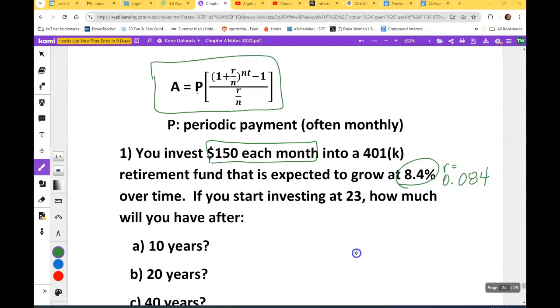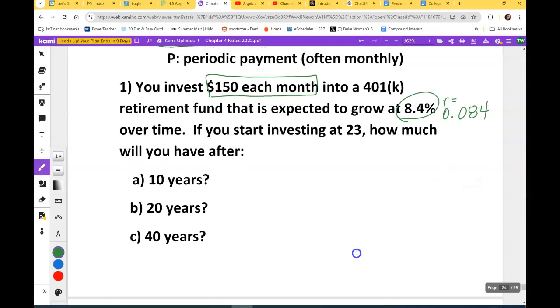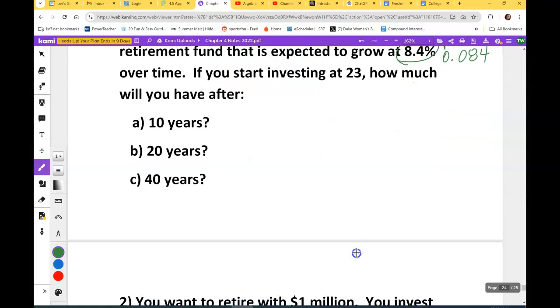And we're going to plug all that information in. So if I start with the 10, I'm going to have A equals 150, and then I'm going to have 1 plus 0.084 divided by 12, all of that to the 12 times 10 minus 1, and then all of that over 0.084 over 12.